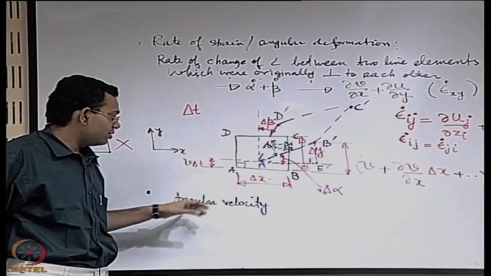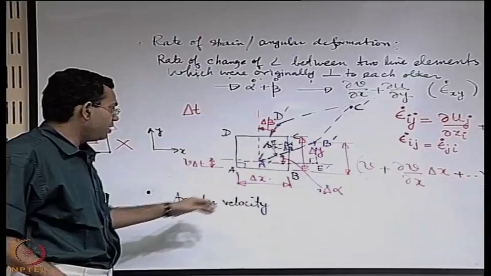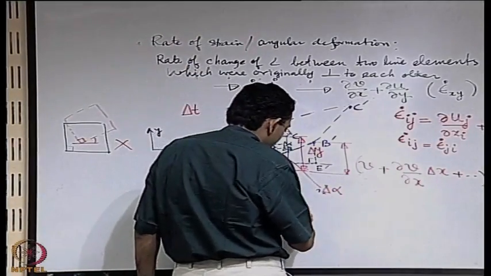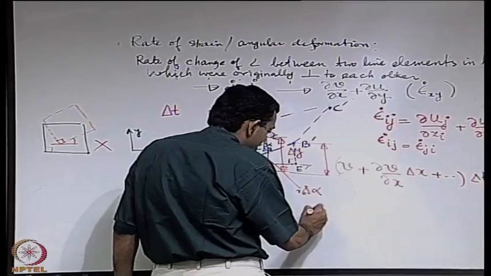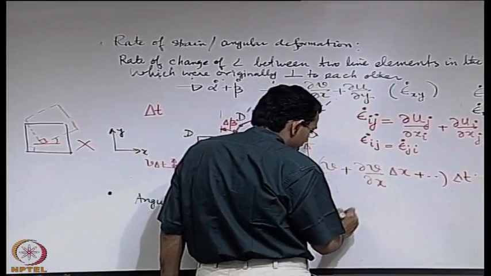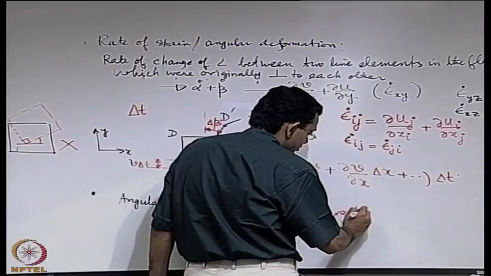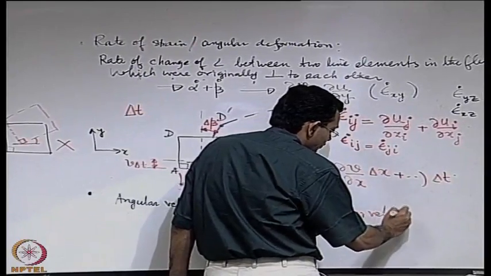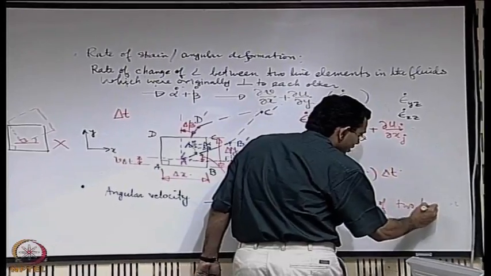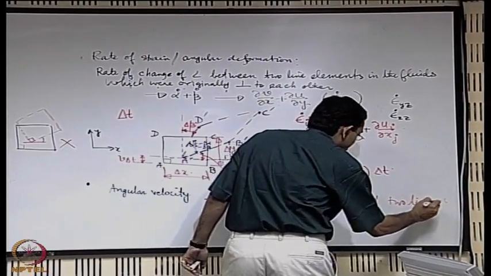So we may define the angular velocity as the arithmetic average, or arithmetic mean, of the angular velocities of two line elements which were originally perpendicular to each other.